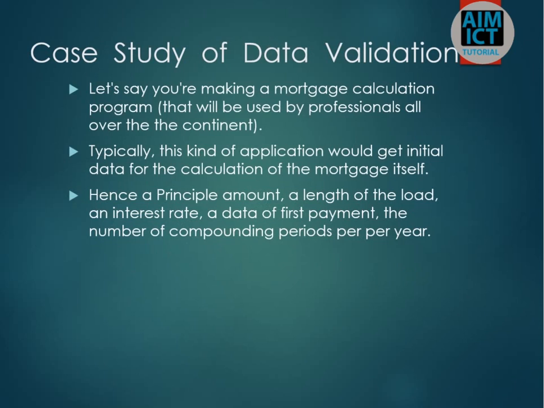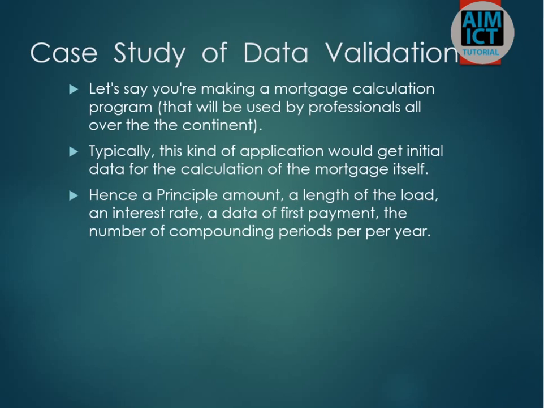Let's say you are making a mortgage calculation program that will be used by professionals all over the country. Typically, this kind of application will get initial data for the calculation of the mortgage itself: principal amount, the length of the loan, interest rate, date of the first payment, and the number of compounding interest periods.